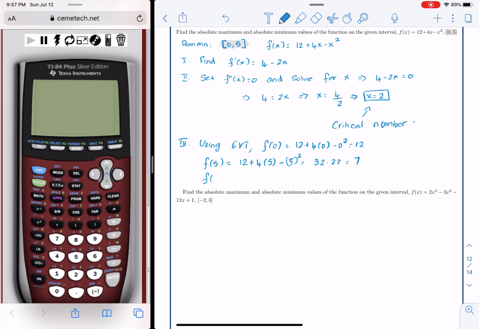And f of 2 is 12 plus 4 times 2 minus 2 squared, which is 16.